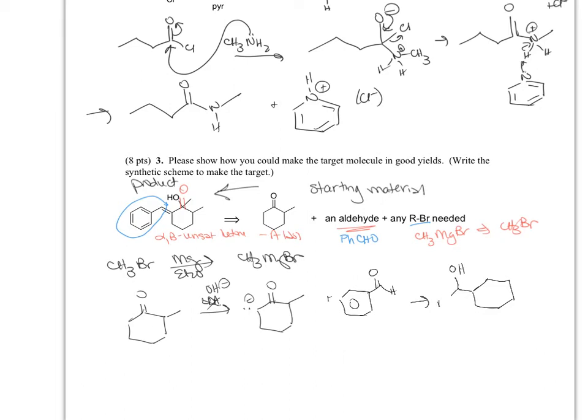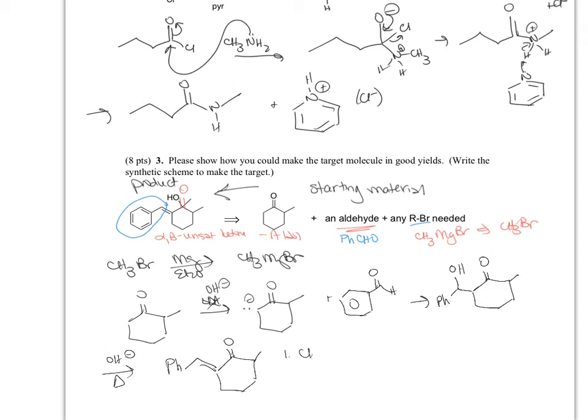I'm just going to write the benzene ring as a phenyl group. And then, of course, I can heat that with hydroxide, and that will do the E2.